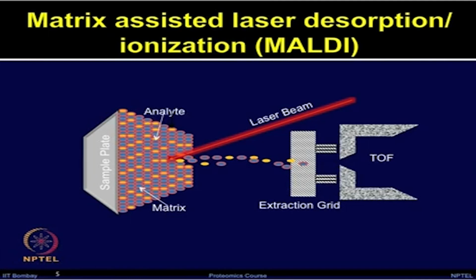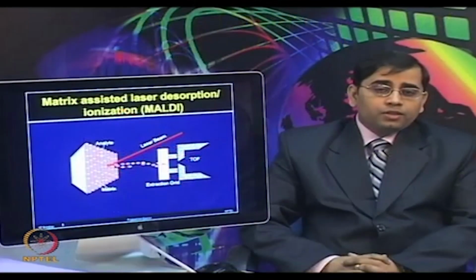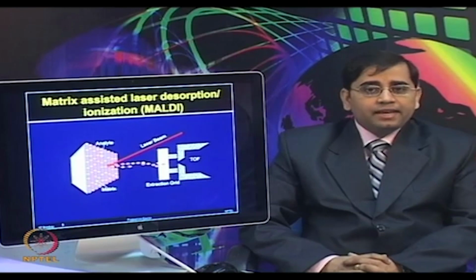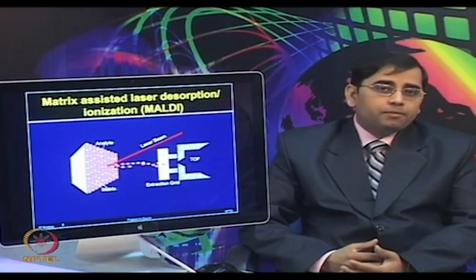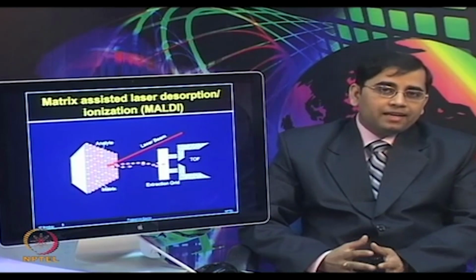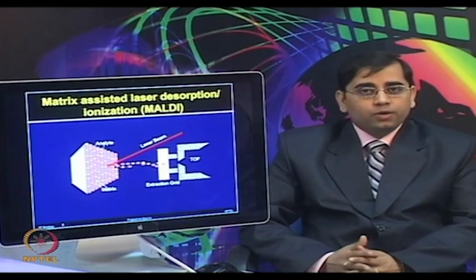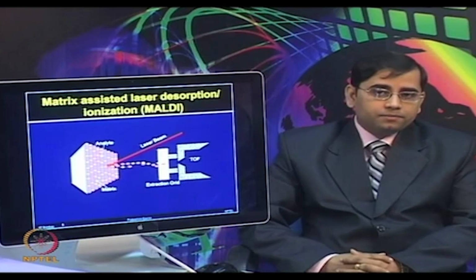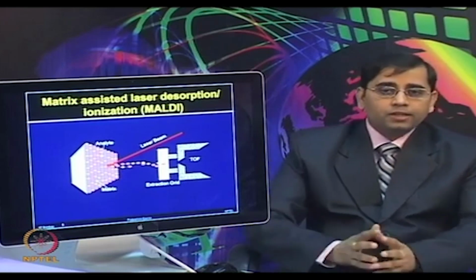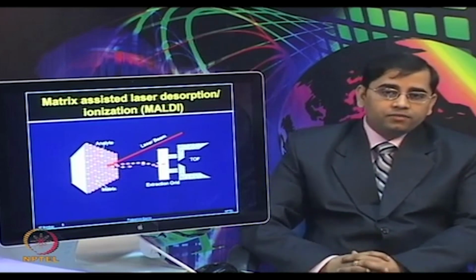These crystals are targeted with short laser beams, as you can see in the slide. Then rapid sublimation converts the analyte into gas phase ions. These ions, once generated, accelerate away from the target plate through the mass analyzer, which is the time of flight, TOF, tube, and reach the detector. This process is shown on the right hand side of the slide.